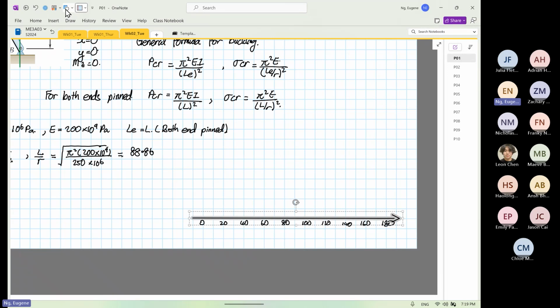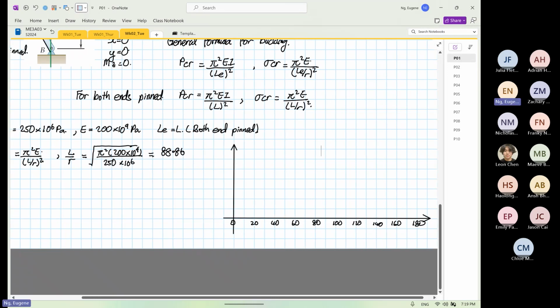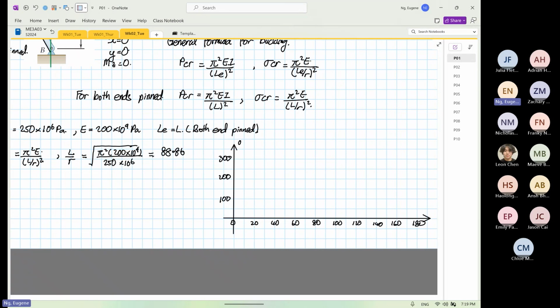And then on the y-axis, you have 100, 200, 300, and this is stress, and this is megapascal. And we calculated our L over r is equal to 88.86.